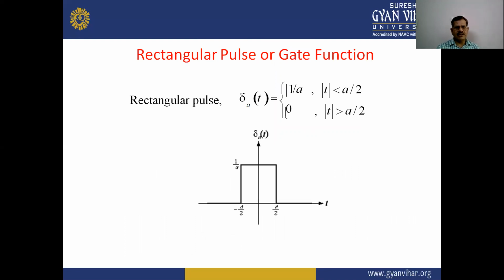Next one is the rectangular pulse or gate function. The rectangular pulse delta a(t) equal to 1 upon a when the modulus of t is less than a upon 2, and delta a(t) equal to 0 if the modulus of t is greater than a by 2.